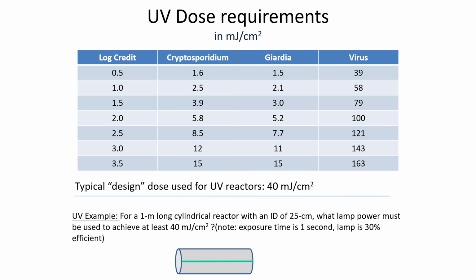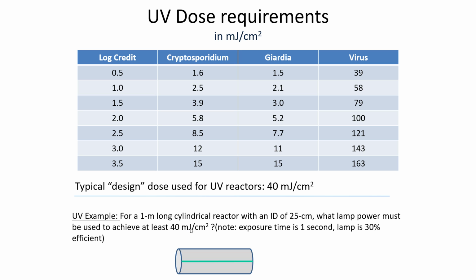So in this case, the diameter of the reactor is 0.25 meters, and then the length of the reactor is 1 meter. So the surface area that the UV is acting around at the furthest point that the water could be, the overall area that the intensity is acting over is 0.7854 square meters. And that's the same as 7854 centimeters squared.